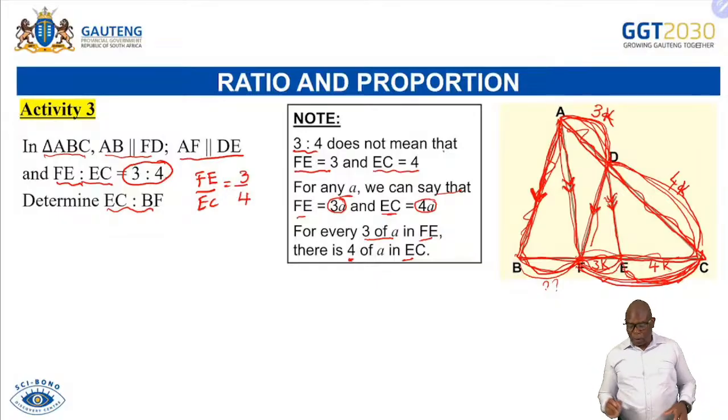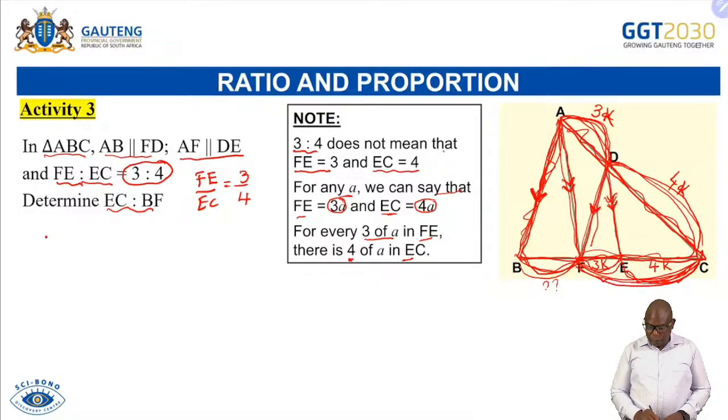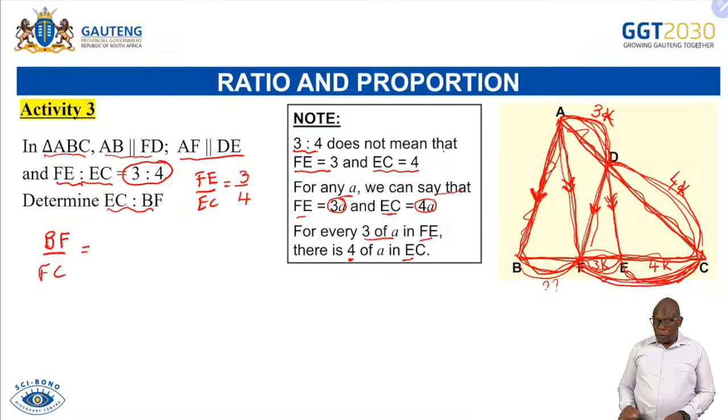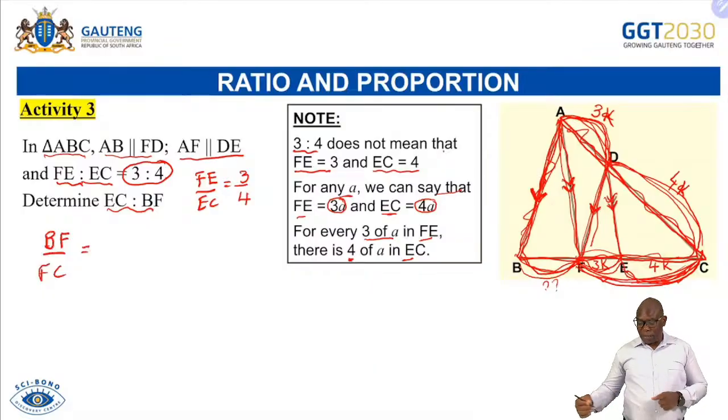So I'm going to write it down so that we're not getting confused with the sketch. BF over FC will be equal to, so I've got BF over FC, you see in the bigger triangle. So now I'm going to that side. So it will be 3 over 4, right?